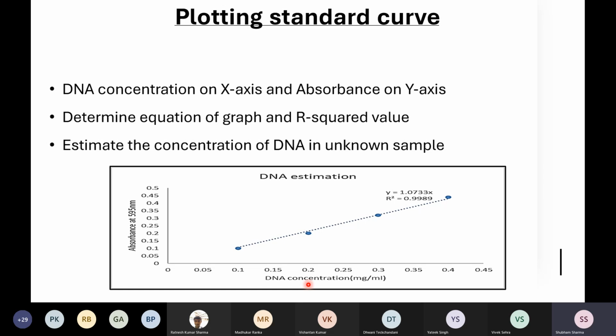Using this graph, you have to determine the DNA concentration of the unknown sample that we have used. So this is what you have to do in this experiment. It's a very small experiment. The graph that I'm showing here is not the graph you are expecting, so please take care of this also.